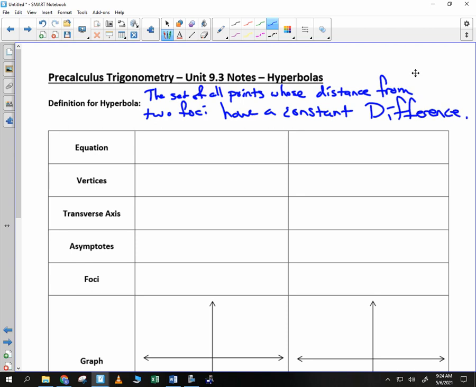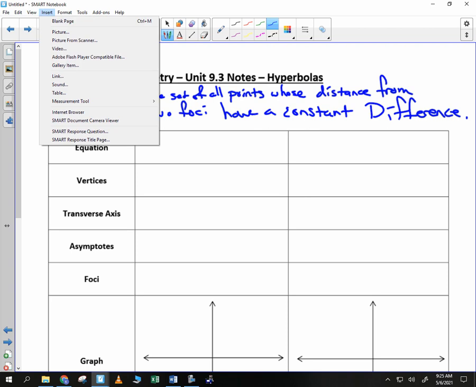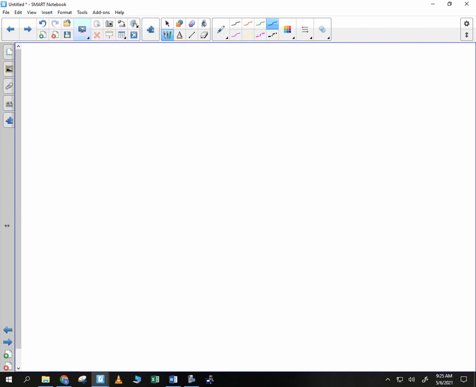How is that different from ellipses? Sum. This is a difference. So I'm going to just show you a little bit of what that looks like.